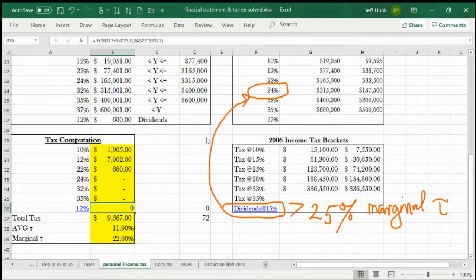Anyway, our question is, how do we make Excel automatically determine whether your marginal rate falls above 24% or up to 24%?